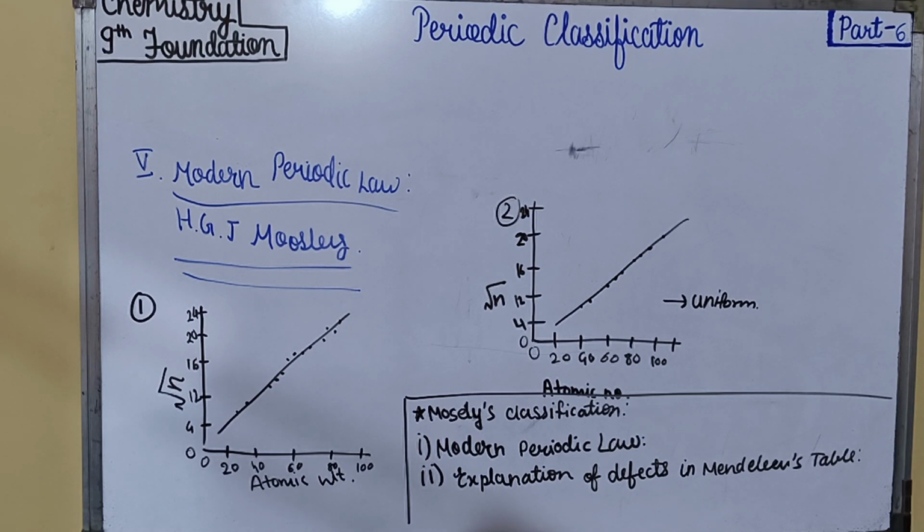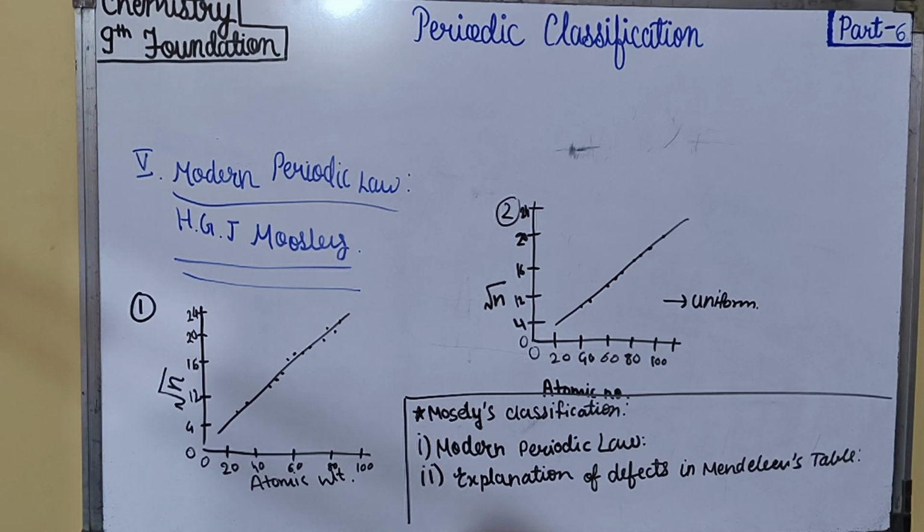When the atomic number was made the basis of arrangement in the periodic table, some discrepancies of Mendeleev's periodic table automatically vanished. So first was anomalous pairs.